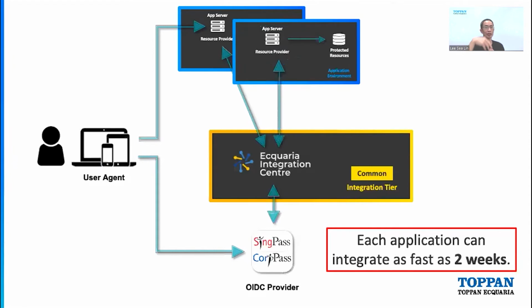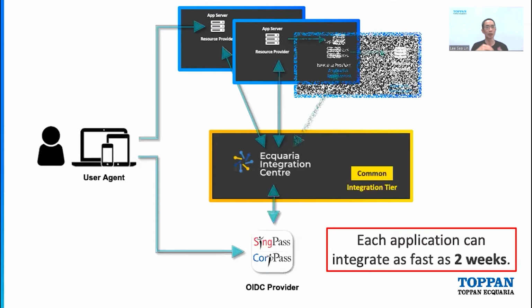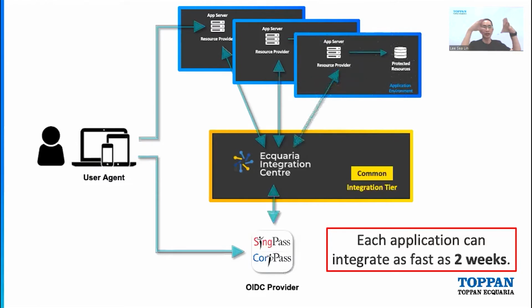All I need to do is just implement the simple REST call from the app server to the EIC. And from my experience, each new application can be onboarded as quickly as 2 weeks. So you can onboard one, you can onboard two, or even more. So this is how we foresee EIC can be used as a common service.